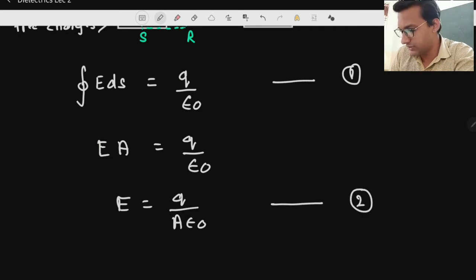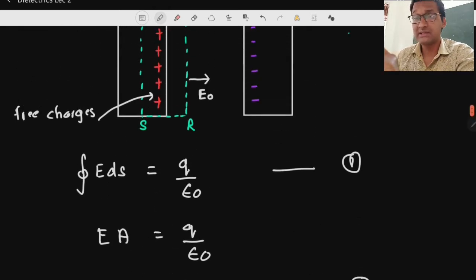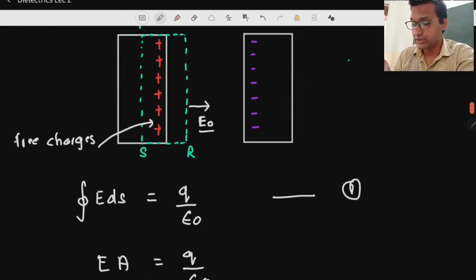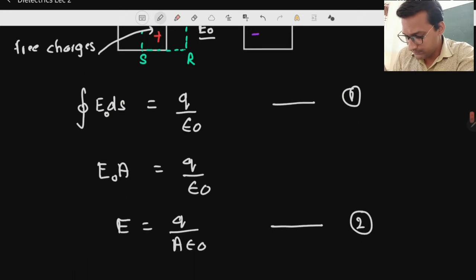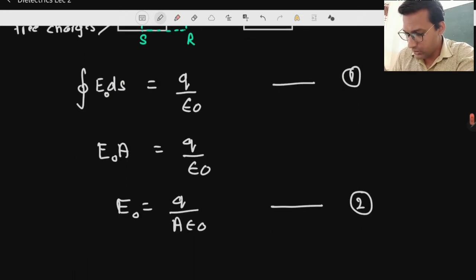Let us say this is equation number 2. Now this electric field is perpendicular to this imaginary surface, as shown in the diagram. Let us name this E naught, or E0. So E0 is equal to Q divided by A epsilon naught.